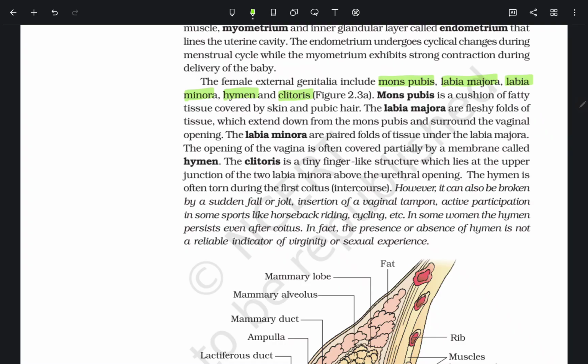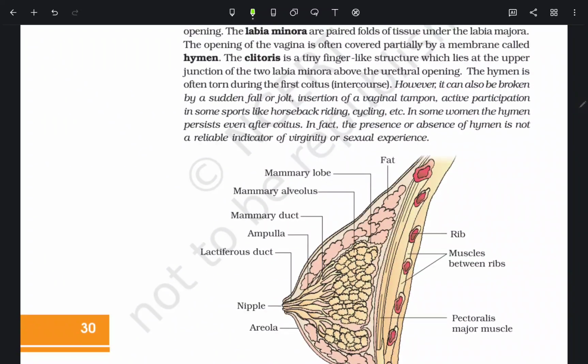In some women, the hymen persists even after sexual intercourse. In fact, the presence or absence of the hymen is not a reliable indicator of virginity or sexual experience.